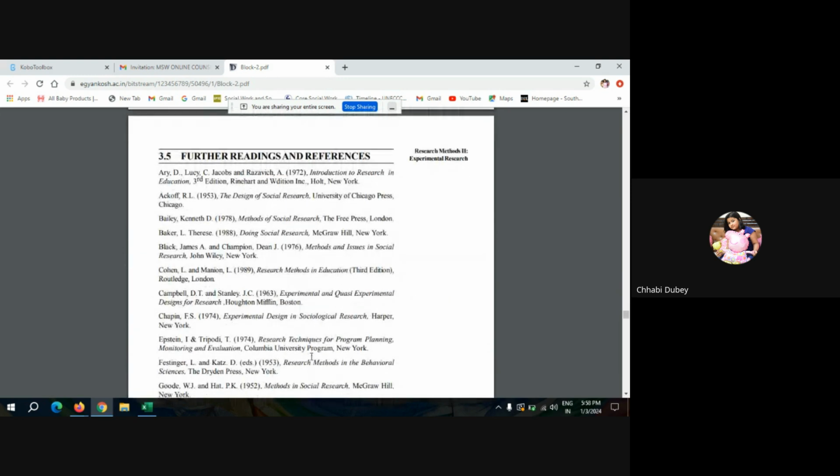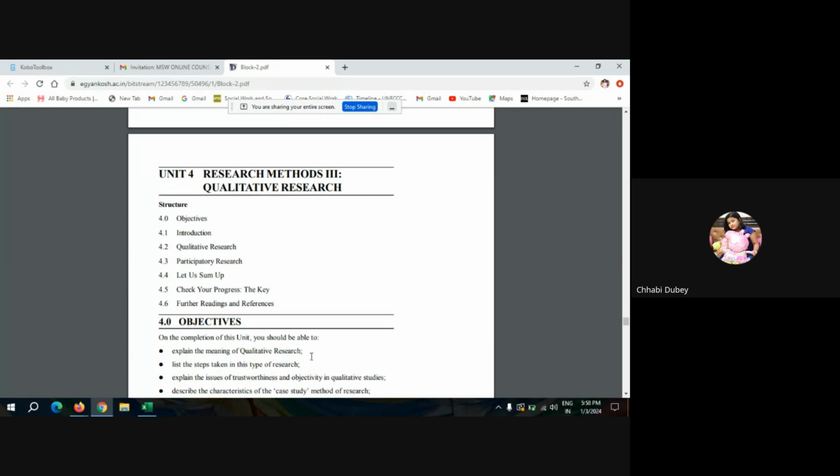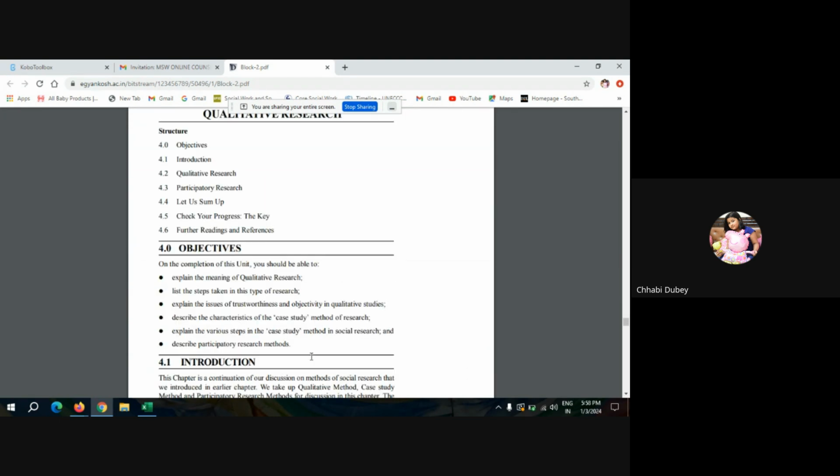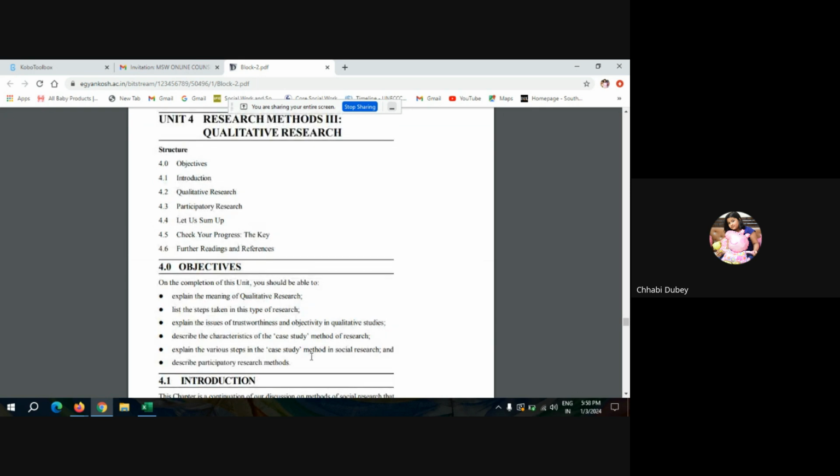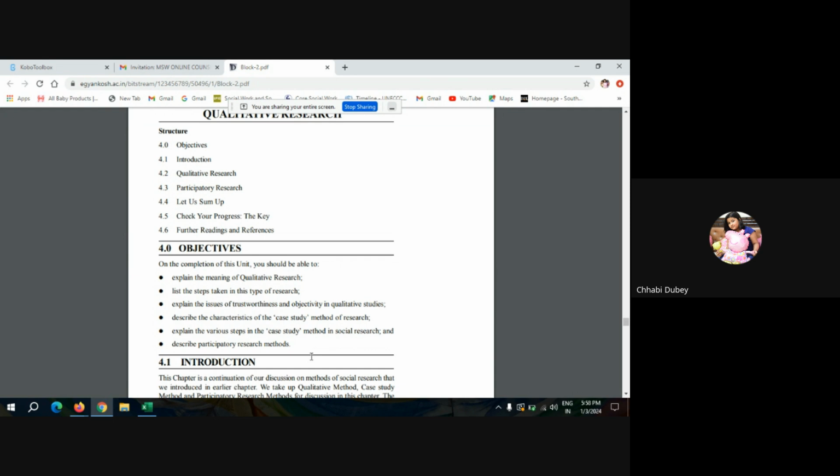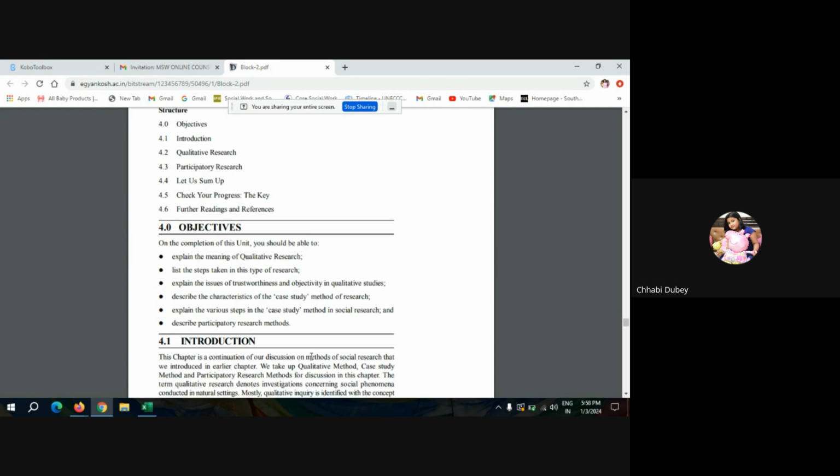So this is all about the topic on experimental designs, the various types of experimental designs. After this we come to unit 4, research methods 3, which talks about the qualitative research methods. Qualitative research method simply means that you are dealing more with the qualitative part rather than the quantitative part.